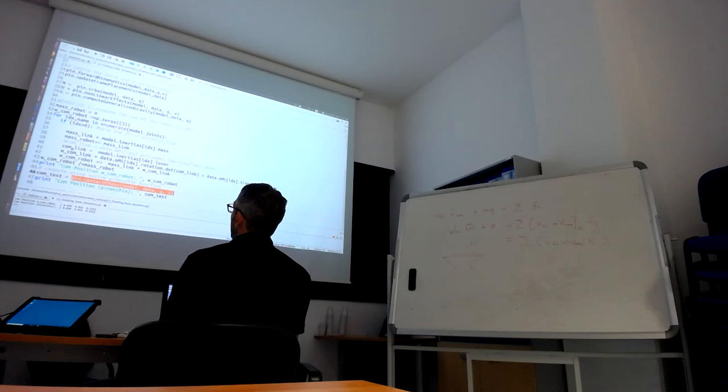Then we take the position of the link with respect to the base frame, and we apply a rotation matrix to the world, to map this link to the world frame, and we also add the translation of the base frame.